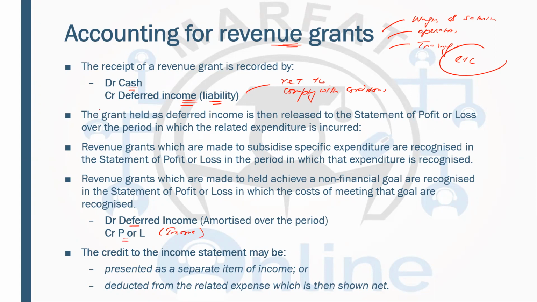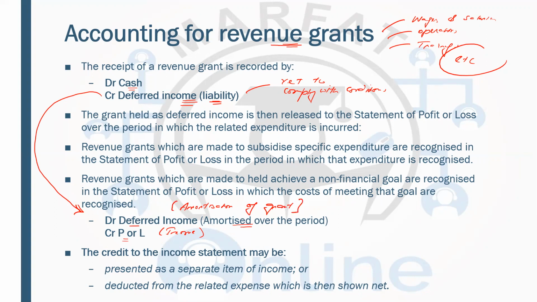This process, in which you initially record the liability and then systematically de-recognize it, is known as amortization of grant.